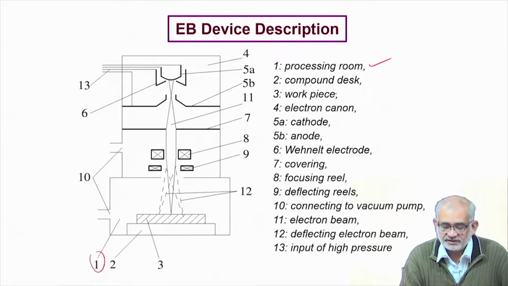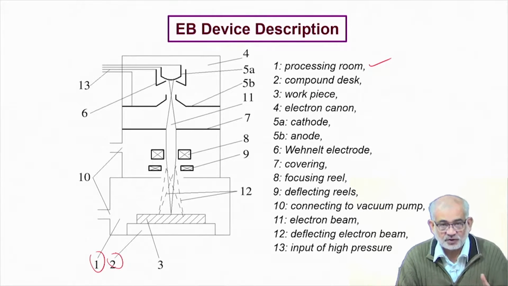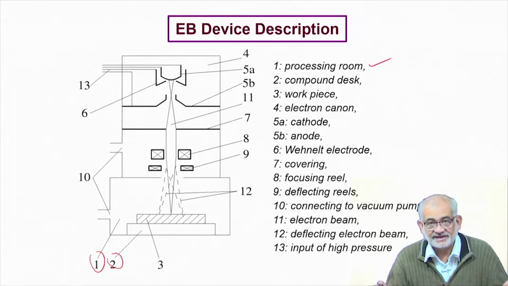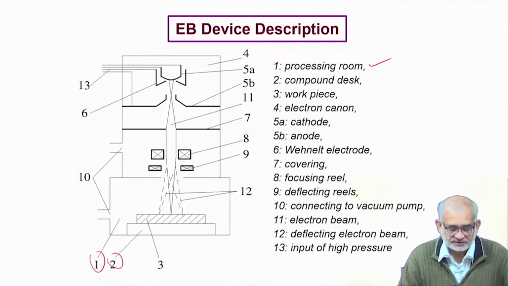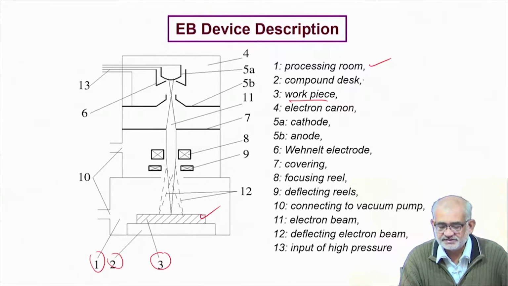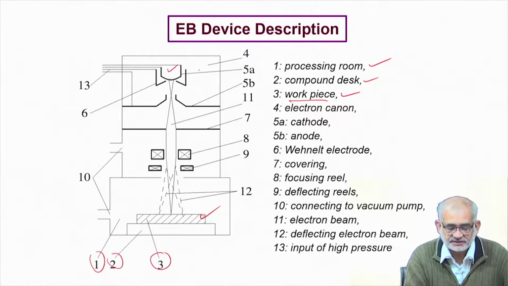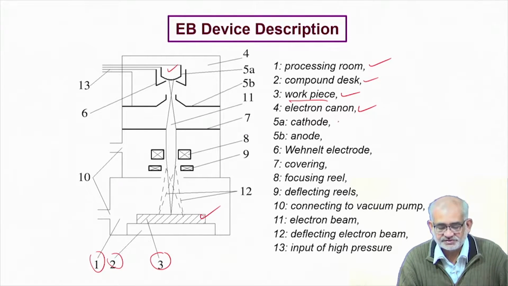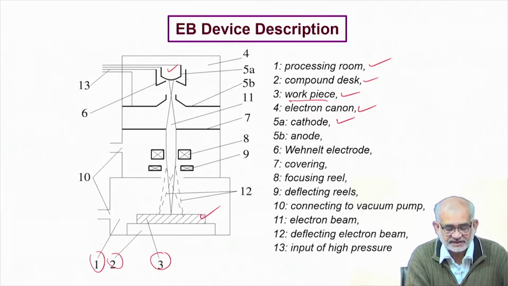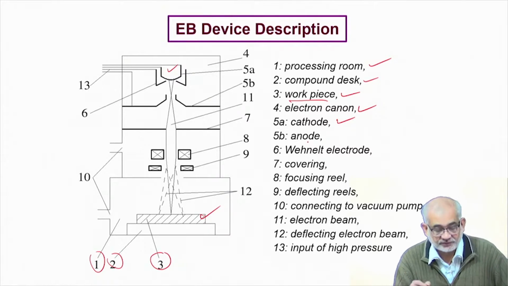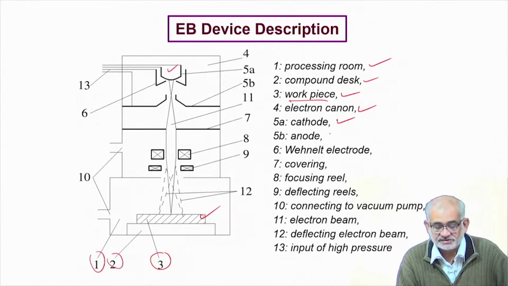You also need a compound table on which the substrate, which may be a small light one or a very large thick one, is clamped well so that it doesn't deflect during the processing period. So this is your workpiece, which is placed here. You need the electron gun here, which emits electrons. You need a cathode, from which the electrons are emitted towards the anode.